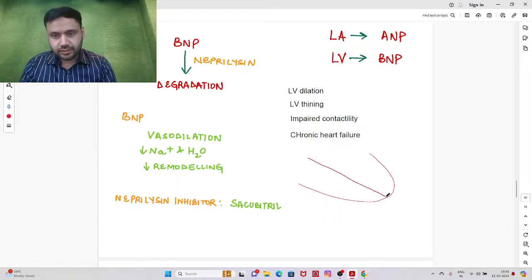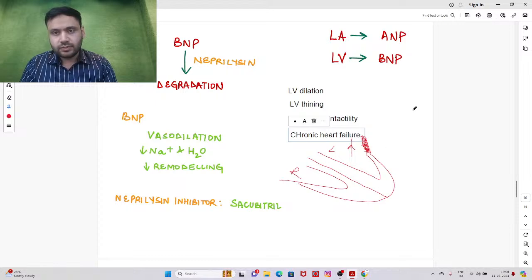So if this is the left ventricle, and this is the right ventricle, and this is the area where the infarct happened, this would be excessively thinned. As we were discussing previously, this area has been infarcted, and the amount of blood is increasing here.